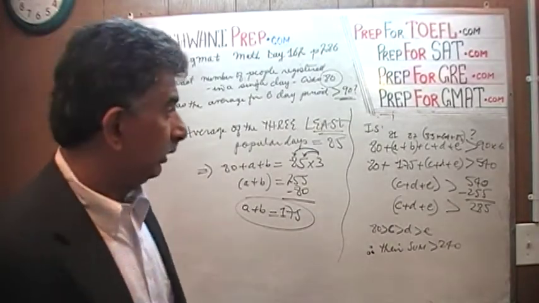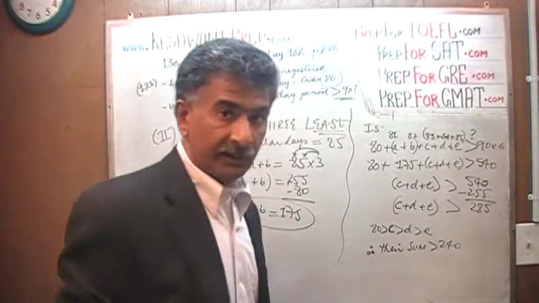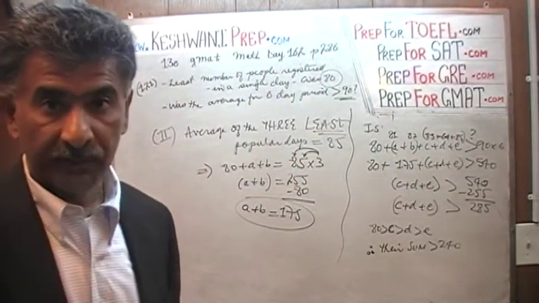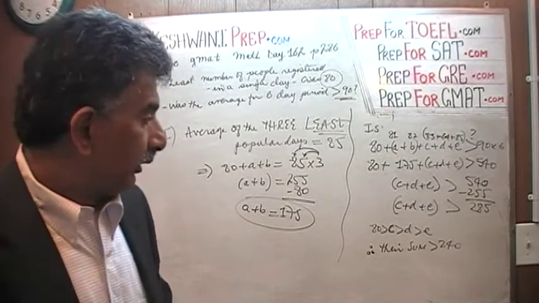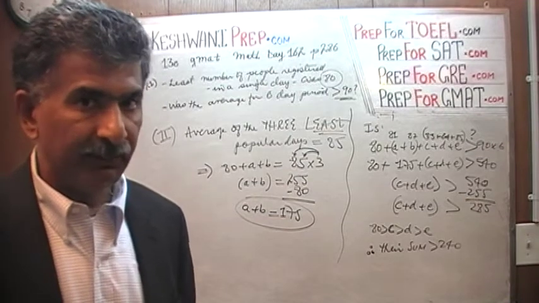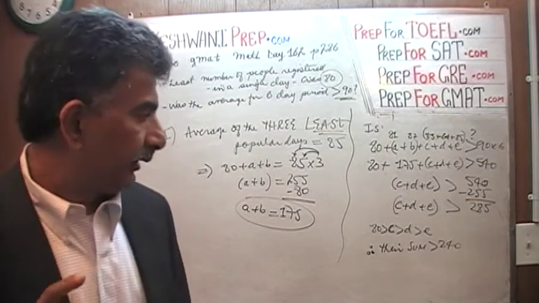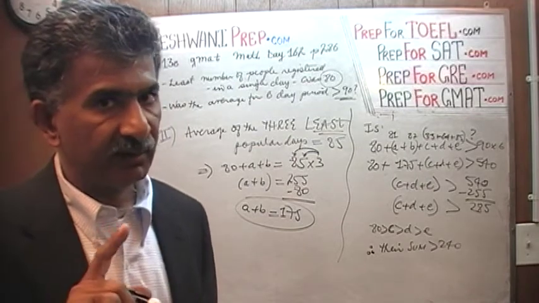Or for all we know, C, D, and E could be 1083, 1084, and 1085, in which case of course it's more than 3000. We really don't know. Simply knowing that their sum is more than 240 does not enable us to tell with certainty if their sum is more than 285. Therefore, the second statement by itself is no good.